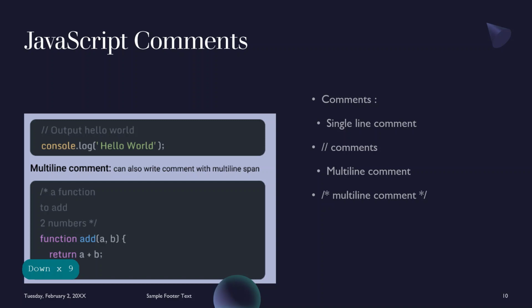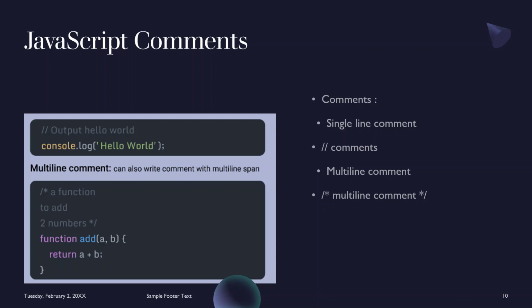JavaScript comments. When we are coding, some of our source code may be tricky or complex, or maybe there is some block of code which other developers would not understand. So we need to be able to write comments in our source code. There are two ways by which we can add comments in JavaScript.